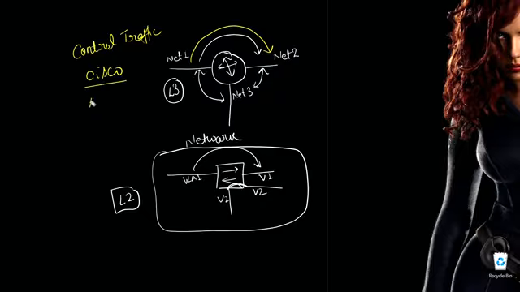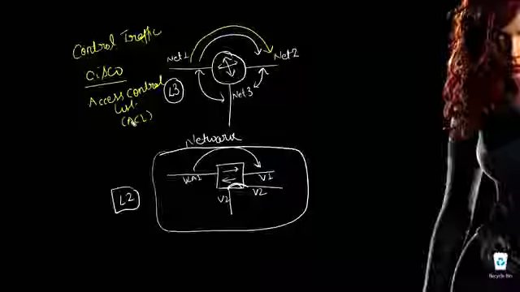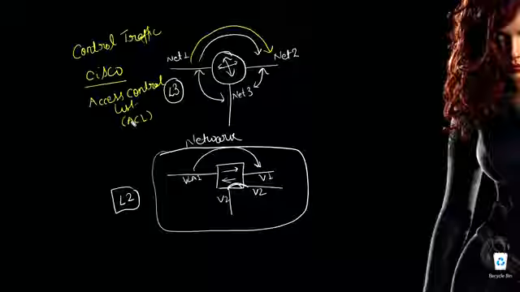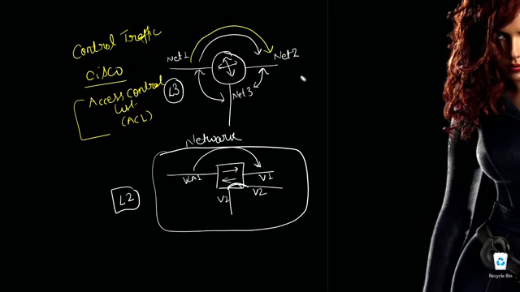We have something called an access control list, sometimes also called ACL. In Juniper or other routers they have a similar concept with some other names, but the feature is the same. We can control the traffic based on its IP address and its port number.